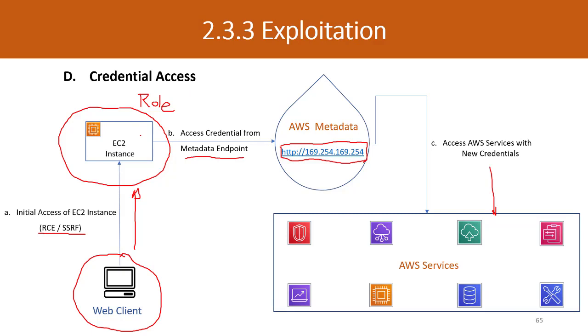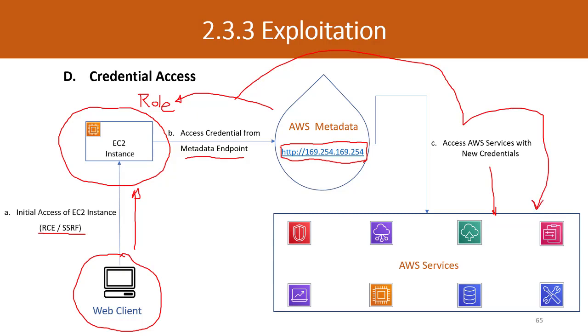In the other scenario, if there is no role attached to this EC2 instance, you can only perform actions like command execution on the instance itself, not on other services. To perform actions on other services, you definitely need a role attached to this instance. The credentials you got are applicable for this role. So whatever rights this role has, you can use the same rights to access the AWS services.